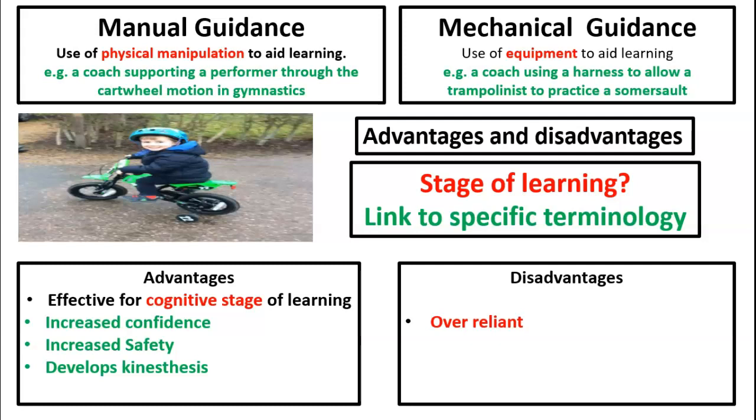We also know, for example, if people go to the gym and you use free weights, where you have to balance the weight yourself, versus when you have a machine weight, when you're on the machine weight, you get the feeling or the kinesthesis of doing a bench press movement, but on a chest press where it's supported by a machine. When you then go and do a bench press free weight where you have to balance it yourself, you realize that it is not the same movement. So the problem with mechanical and manual guidance and developing kinesthesis is that often it develops false kinesthesis, so it's not correct.